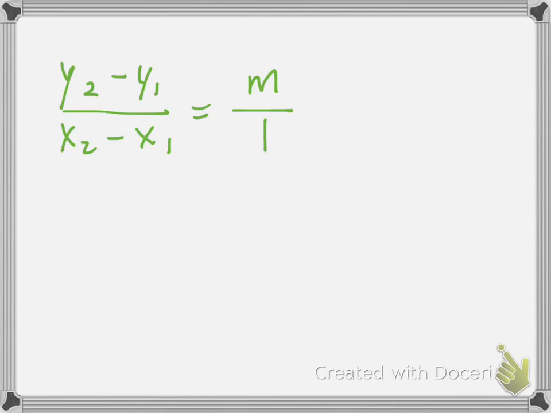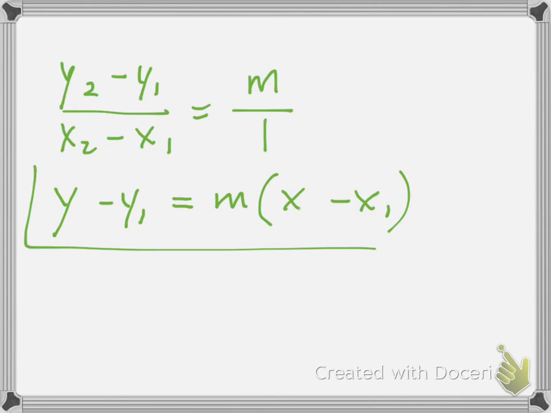Put that into proportion form, and watch what happens if you cross multiply. We get y2 minus y1 equals m times x2 minus x1. And if we just change the y2, the y1, and x2 into variables, we have the point slope form.